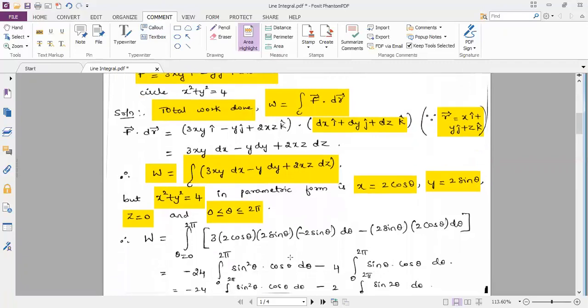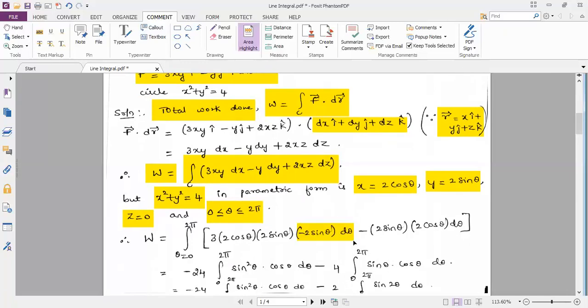Now the total work done, W will be rewritten as theta varying from 0 to 2 pi under the integral, substituting 3 into x into y dx. x is 2 cos theta, y is 2 sin theta into dx. The differentiation of x, dx, is minus 2 sin theta d theta. Same is substituted here.